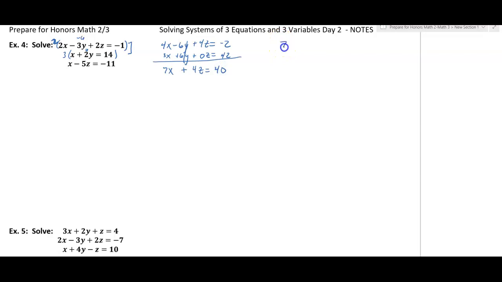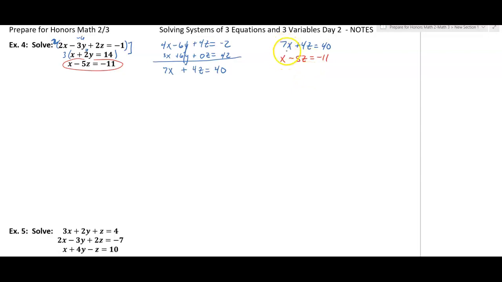So I'm going to take that equation now, and if I align the last equation right underneath it, I can basically just solve this 2 by 2 system now. I used all 3 equations in the elimination process, so I'm good to go.